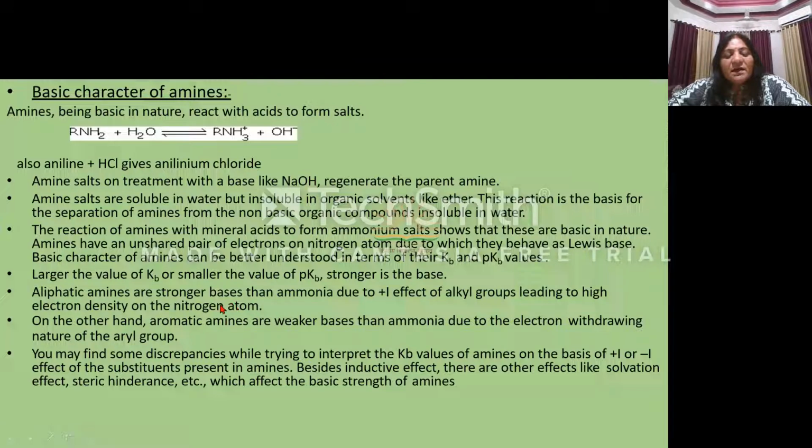On the other hand, aromatic amines are weaker bases than ammonia due to the electron withdrawing aryl group, C6H5, which decreases the electron density on the nitrogen atom. So aniline is a weaker base than ammonia because of the phenyl group C6H5.